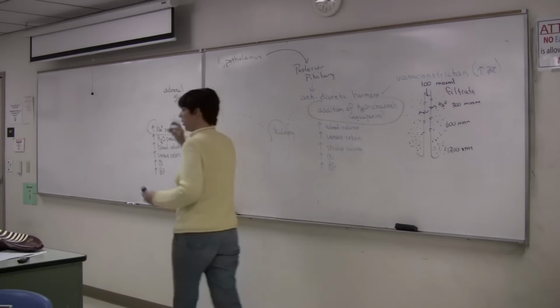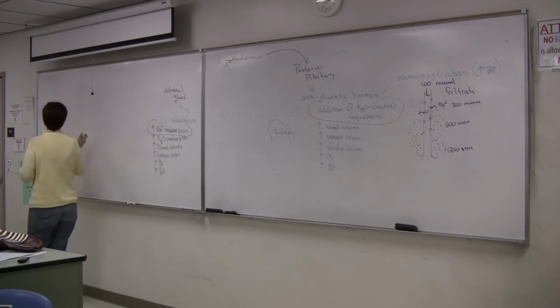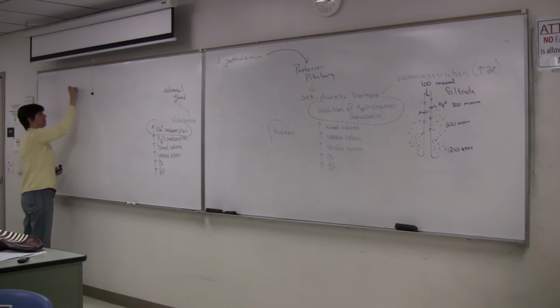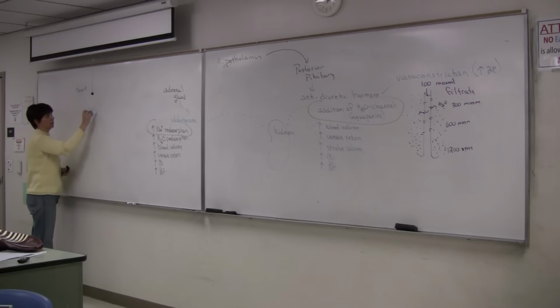Okay? The third hormone comes from the heart. There's actually a similar molecule in the brain as well. And this is known as atrial natriuretic peptide.